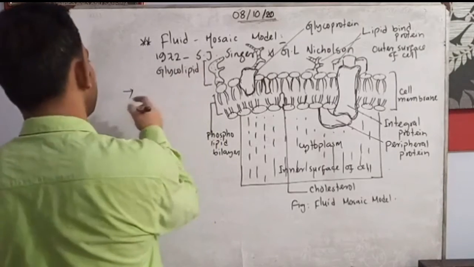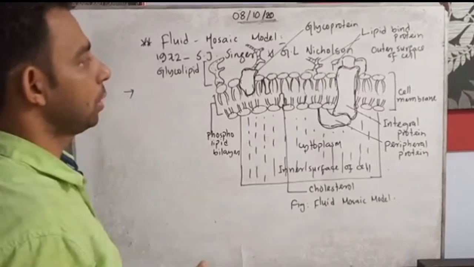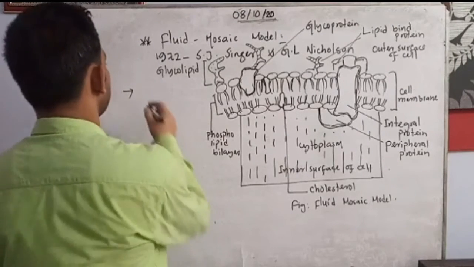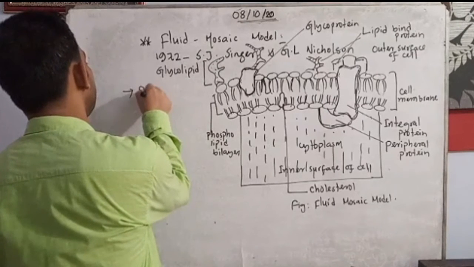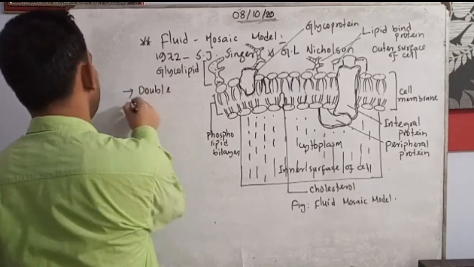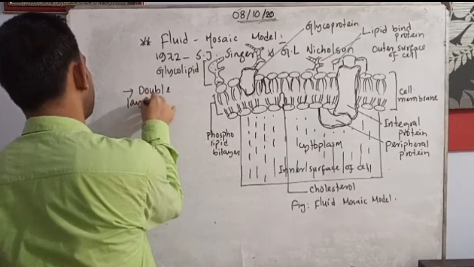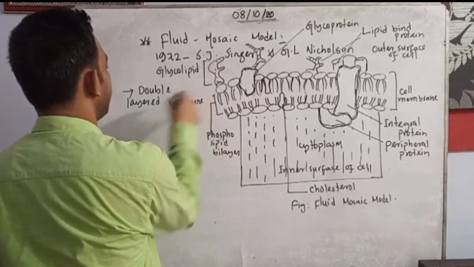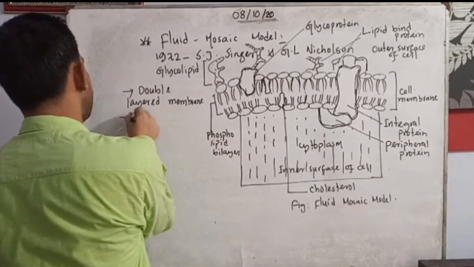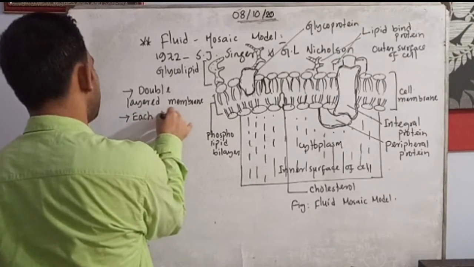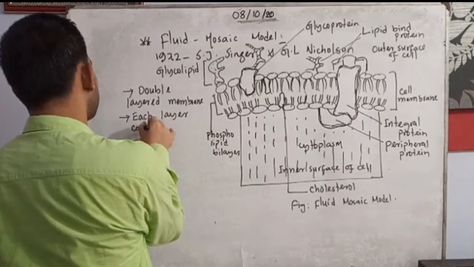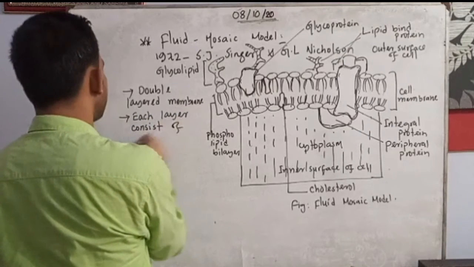According to this concept, the cell membrane constitutes a double layered membrane, and each layer consists of phospholipid.